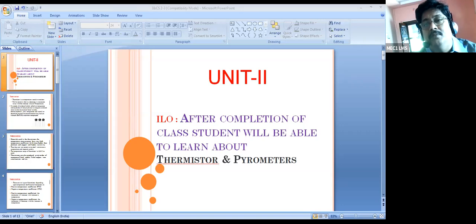The reason is that in our syllabus the topic is thermocouple, and in the thermocouple there is only the Seebeck effect and Peltier effect. The Thomson effect does not come under the thermocouple.